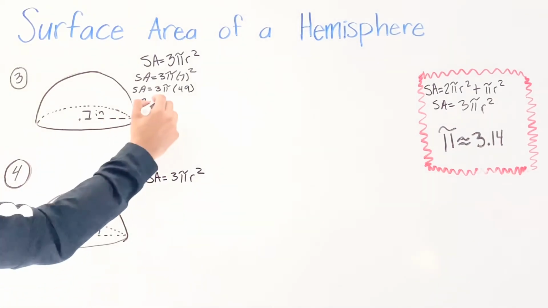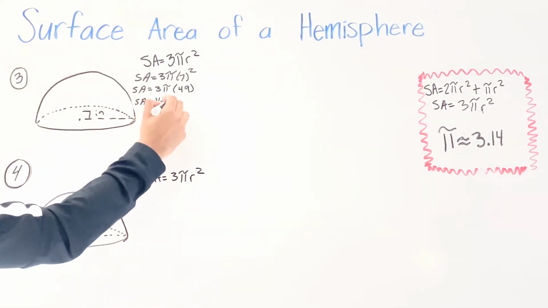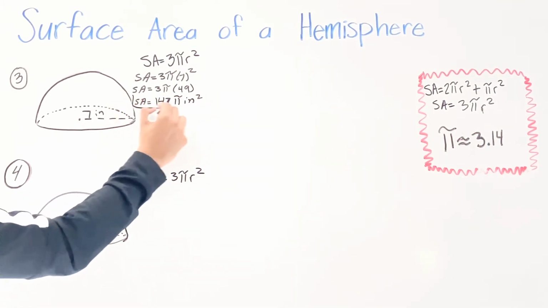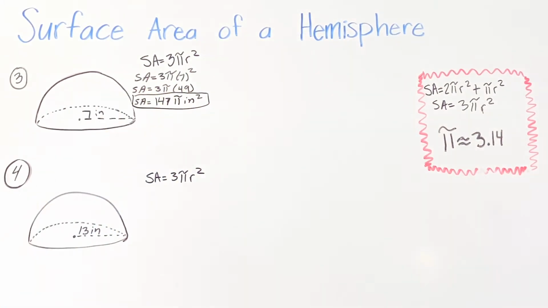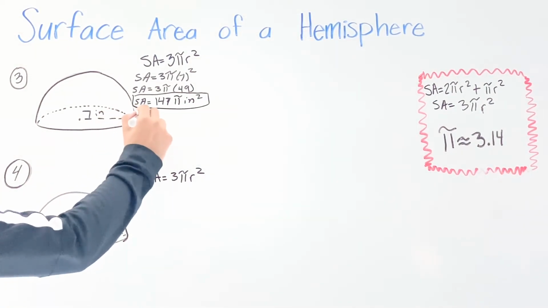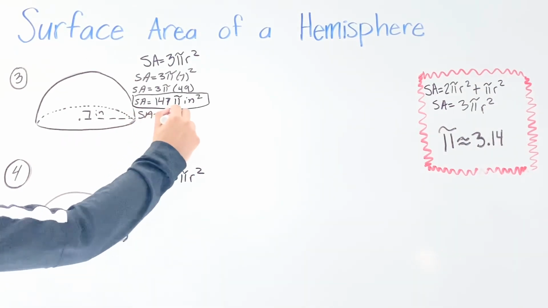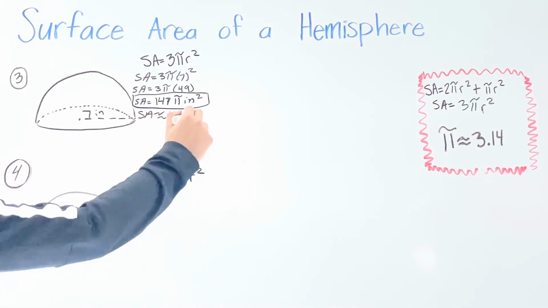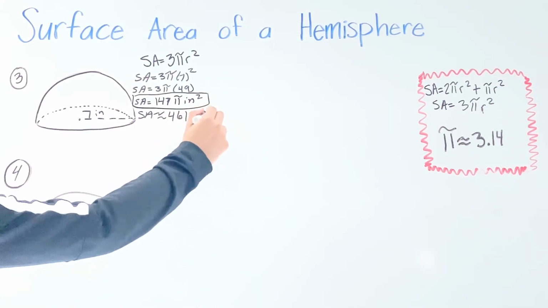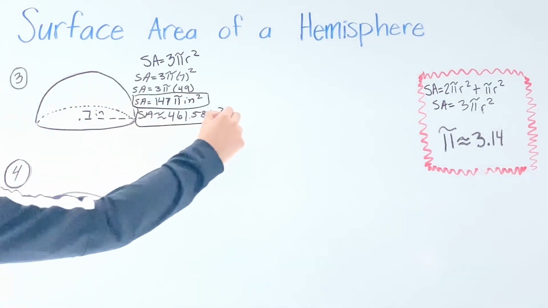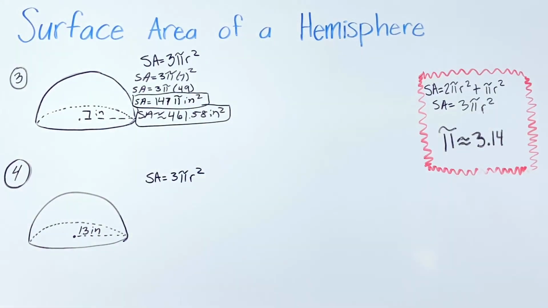We have 147 pi inches squared. If your teacher doesn't want your answer in pi, just multiply 147 times 3.14. Our answer is about 461.58 inches squared.